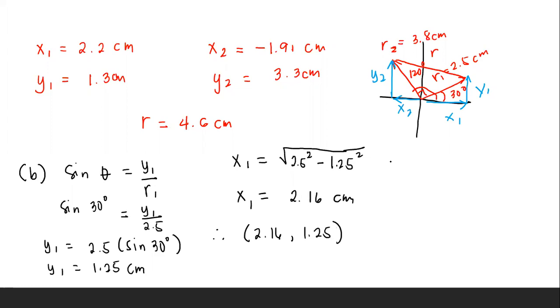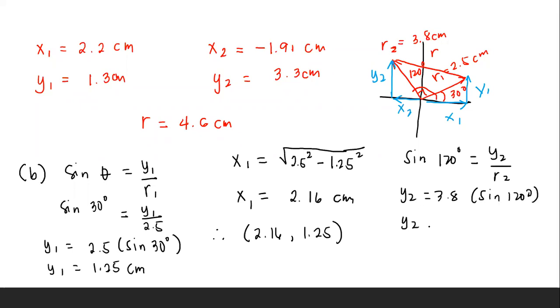Now, for your Y2, we have sine 120 degrees equal to Y sub 2 over R sub 2. Okay, Y sub 2 is equal to 3.8 times sine 120 degrees.